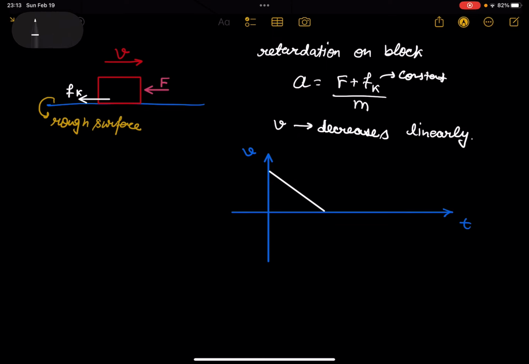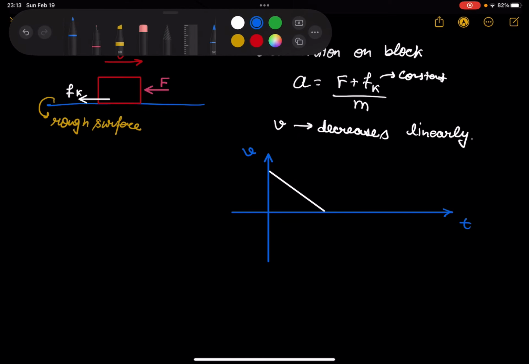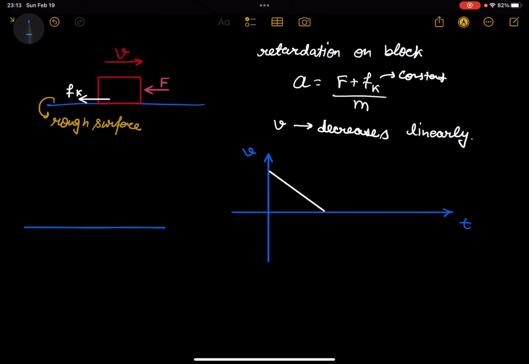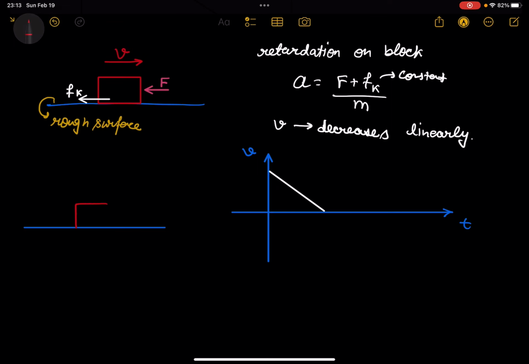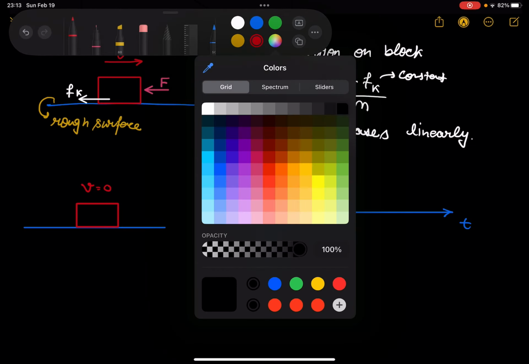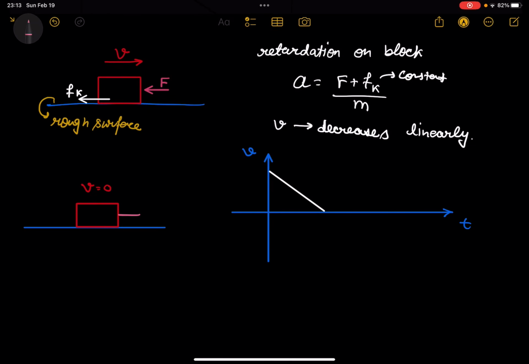But what happens when the block comes to rest? At this point, v becomes 0. One force is still present: this force F is acting in this direction. So because of this force, the block starts to accelerate in this direction.